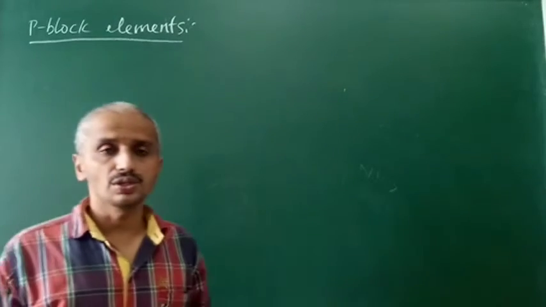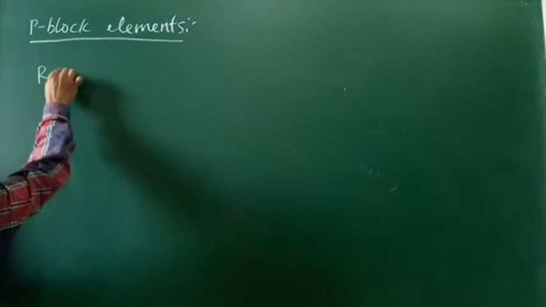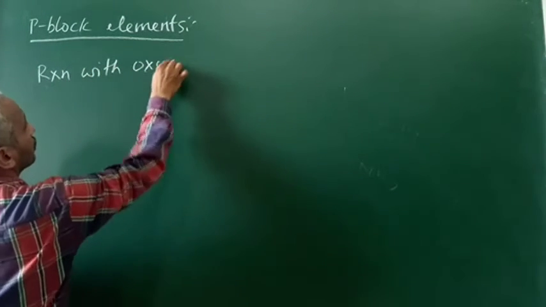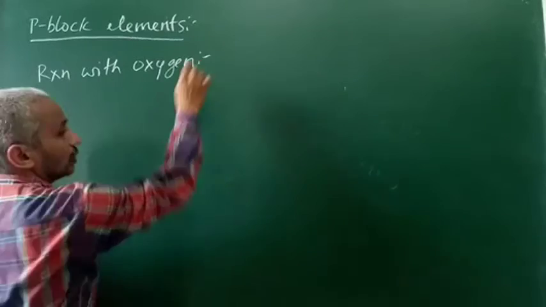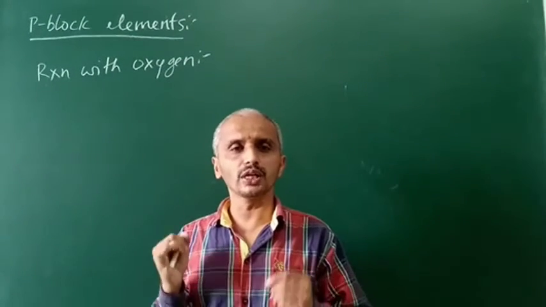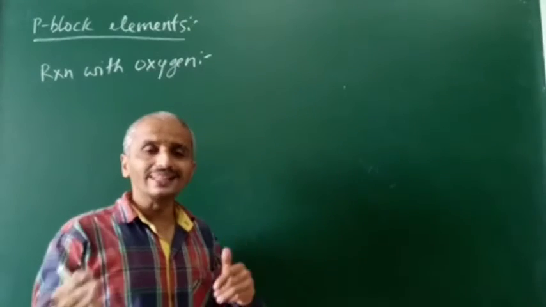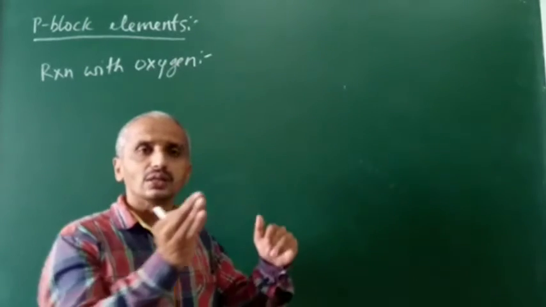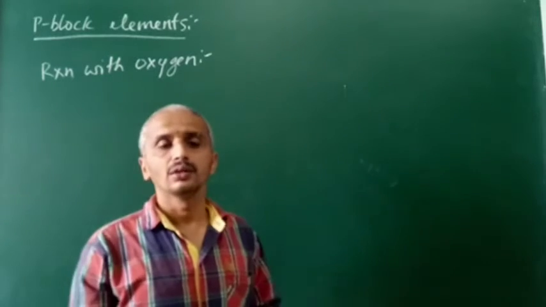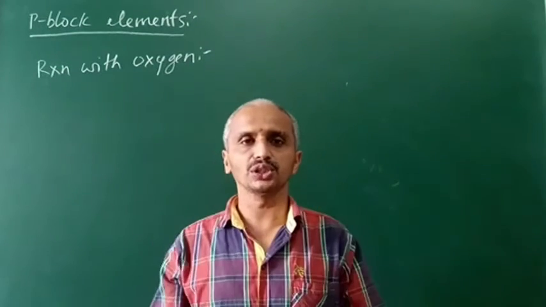Now next one is reaction with oxygen. As you know, oxygen is the second most electronegative element. So when it is bonding with other elements except fluorine, oxygen will carry a -2 oxidation state.